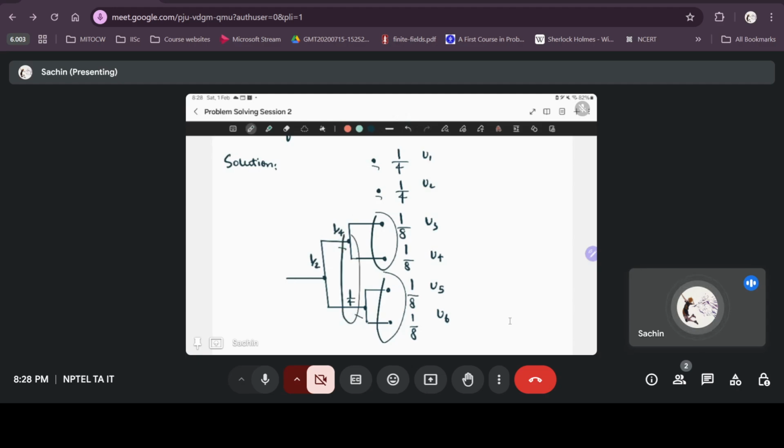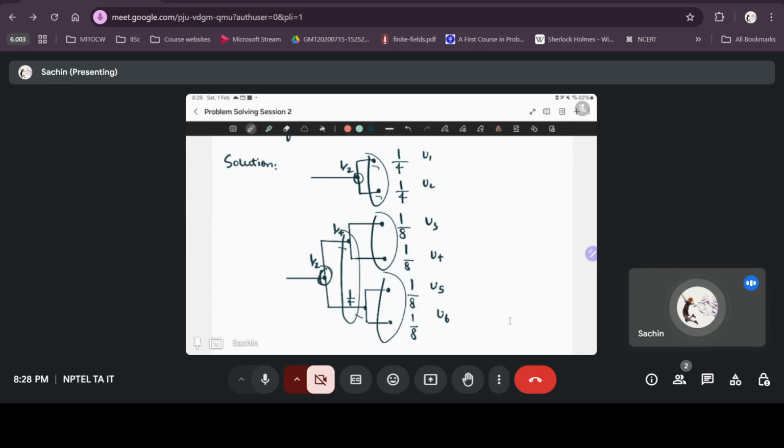Now ignore these, and we're left with 3 vertices, of which the lowest two probabilities are 1 over 4 and 1 over 4 for U1 and U2. So join those two, and attach a node to them. Ignore those vertices and consider the node as your vertex.